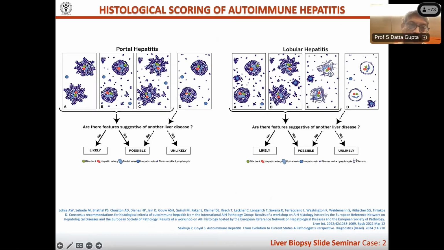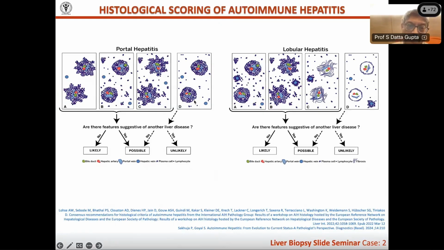Whenever you see portal hepatitis, a lot of interface hepatitis with lobular inflammation, and there are no features suggestive of other liver disease, then it is likely to be autoimmune hepatitis.